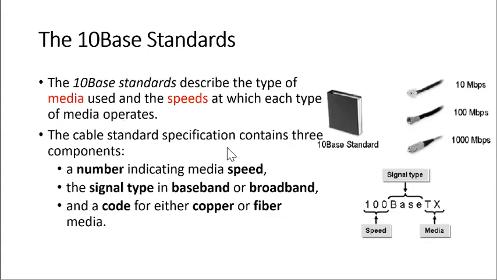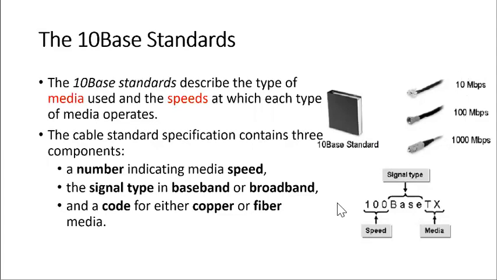The cable standard specification contains three components: a number indicating the media speed, then the signal type, which can be either baseband or broadband, the other being analog or digital, and the last one is the code, which can be for either copper or fiber media. These 10 base standards are again subcategorized into 10 Mbps, 100 Mbps, 1000 Mbps, and so on.